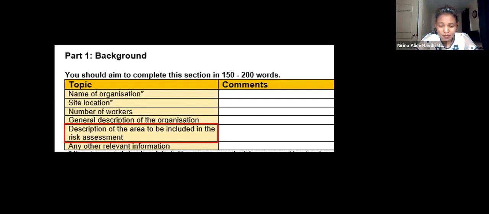Scope of the risk assessment would be one specific activity or one specific area if you want. Or you can also assess the entire company if you want, but it's not really advised since we only need 10 hazards. So I hope that was clear. So describe the entire company, and then for the scope of the risk assessment, you can focus on a specific area or a specific activity.